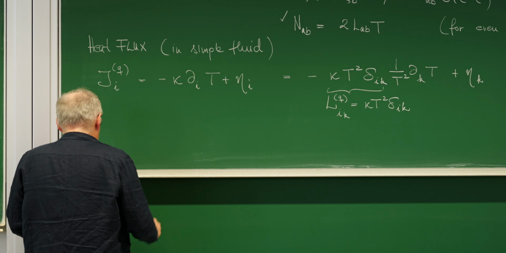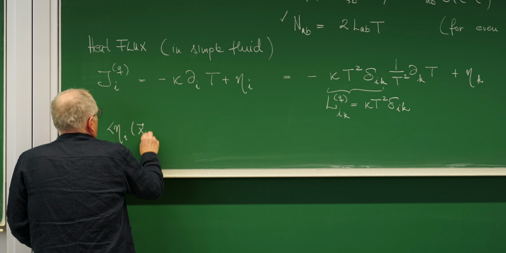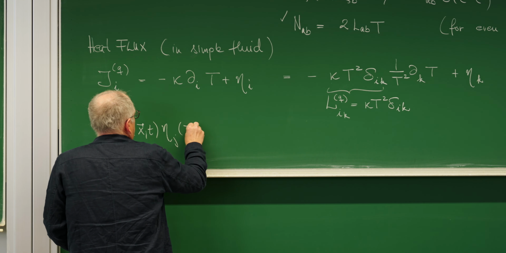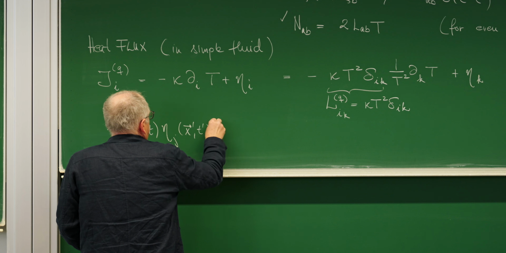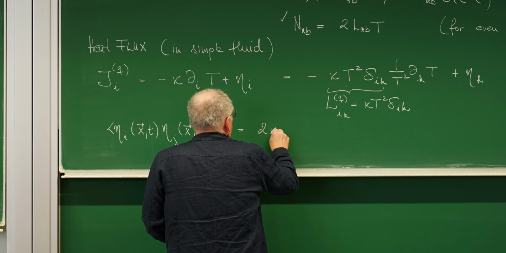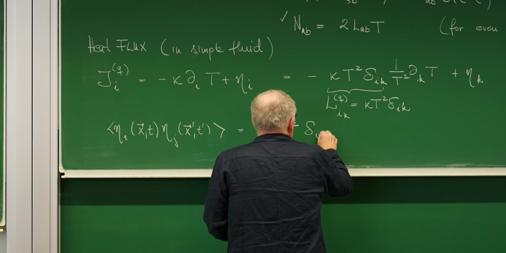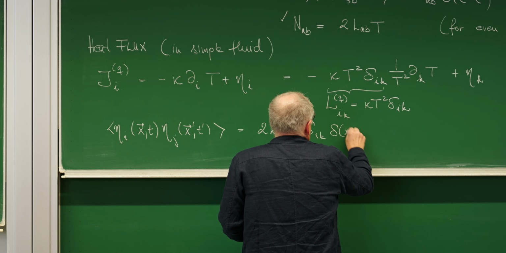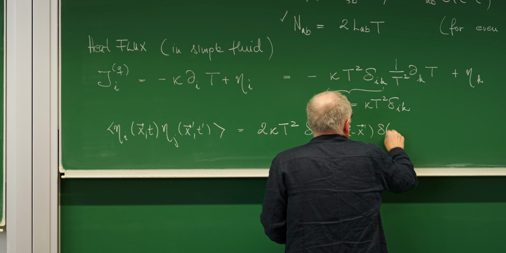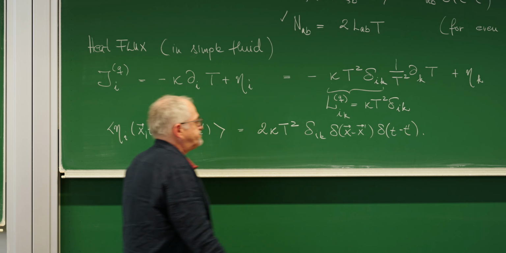And that now means that the noise correlation function for the heat has this structure where the prefactor is 2 times kappa times T squared, delta_ik delta(x minus x prime) delta(t minus t prime).